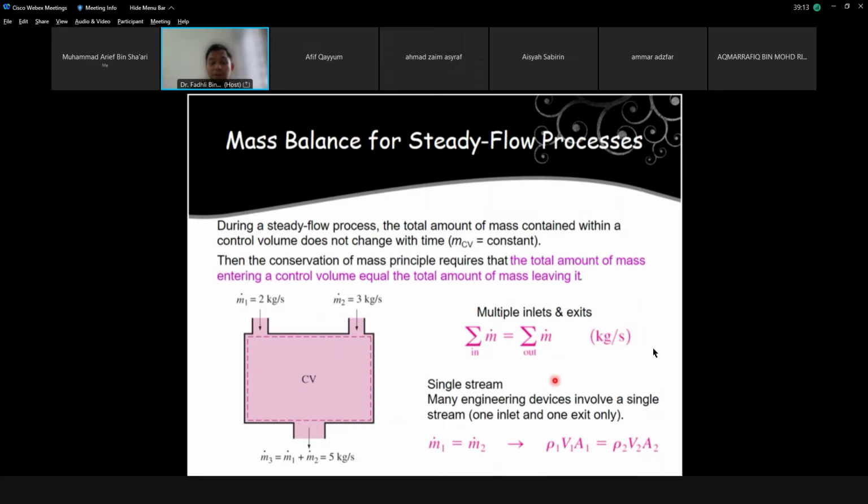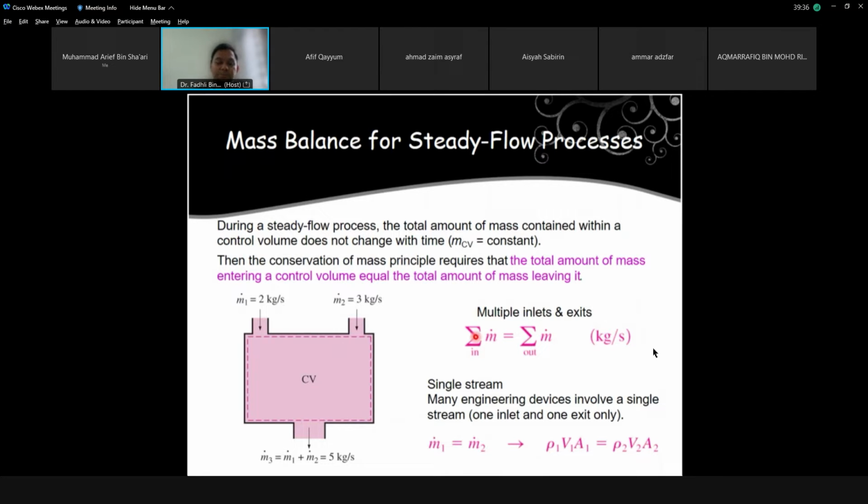Okay, this is how we use this sigma. Kalau di outlet they have two outlets, multiple outlets, then at the right side here, we need to write m dot 3 plus m dot 4. Itu saja, simple. Okay, that is the meaning of sigma.